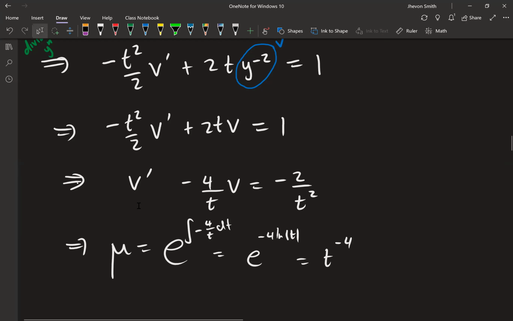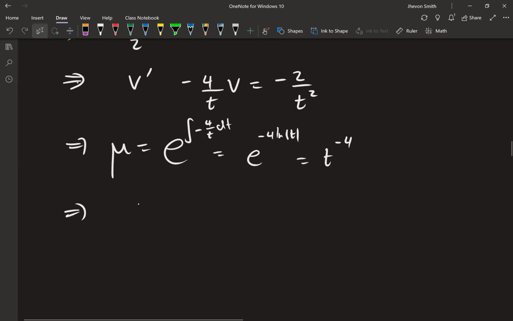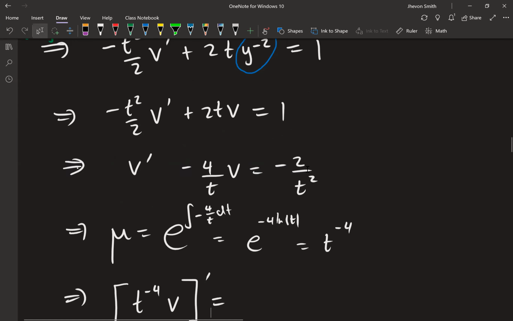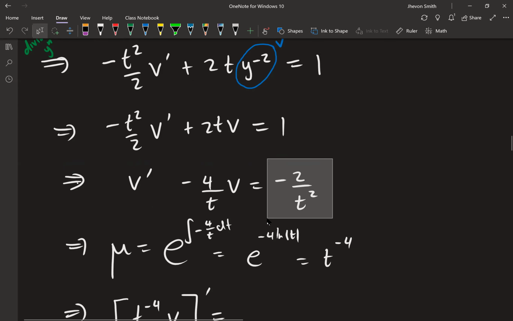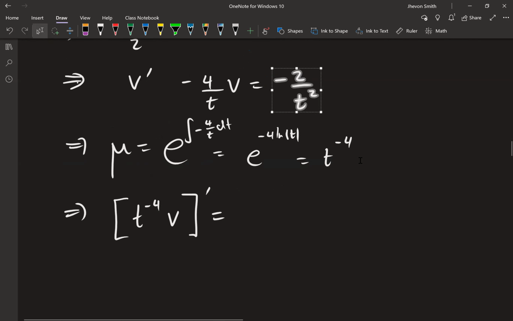And I'm going to go through and multiply that. Now, the left side is going to be t to the minus 4 times v, all prime. The right side is going to be, I'm going to multiply this by t to the minus 4. That's 2t to the minus 2. So this becomes minus 2t to the minus 6.